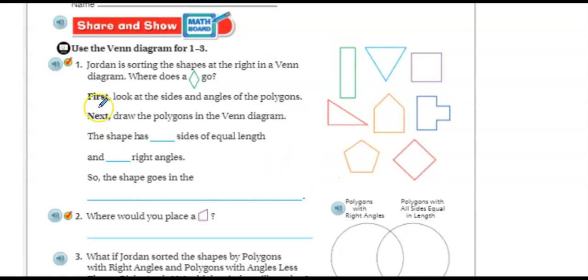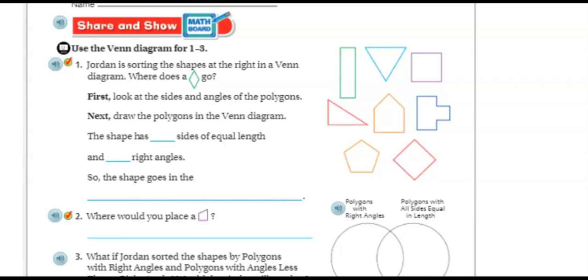Okay? So it says first look at the sides and angles of the polygon. So these are all polygons. They're all closed-sided figures that have 3 or more sides to make them closed, and they have no curved edges. Next, draw the polygons in the Venn diagram. The shape has blank sides of equal length and blank right angles.